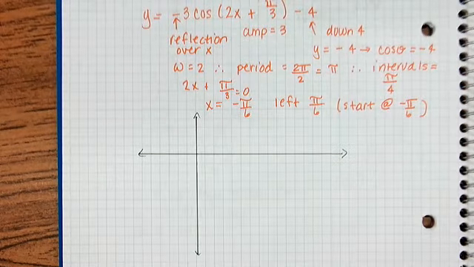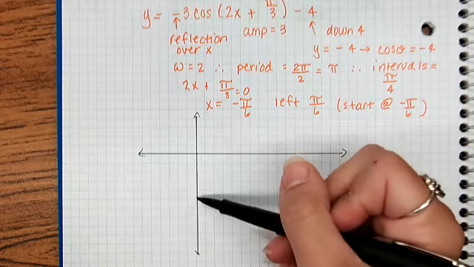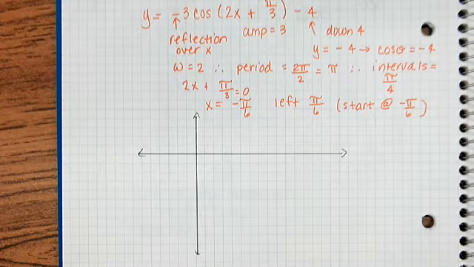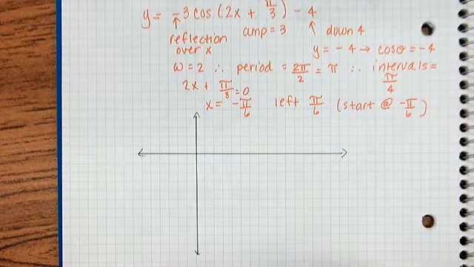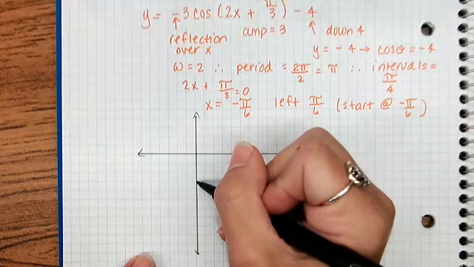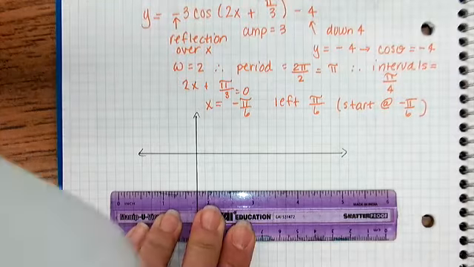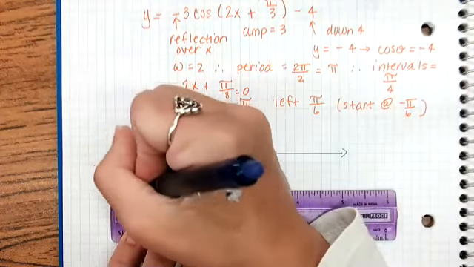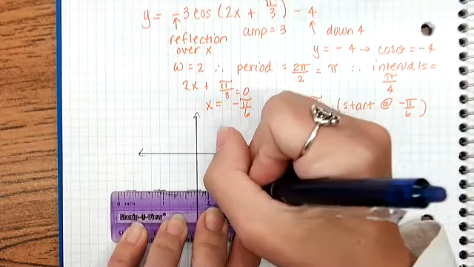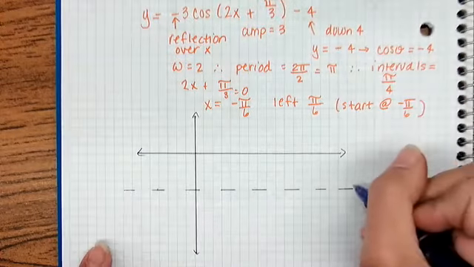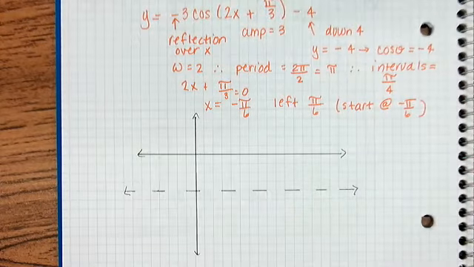So if I'm shifting this down 4 and the amplitude is 3, I don't have enough room to go by 2, so I'm just going to go by 1s. 1, 2, 3, 4. That was not good planning on my part. So there's my sinusoidal axis.